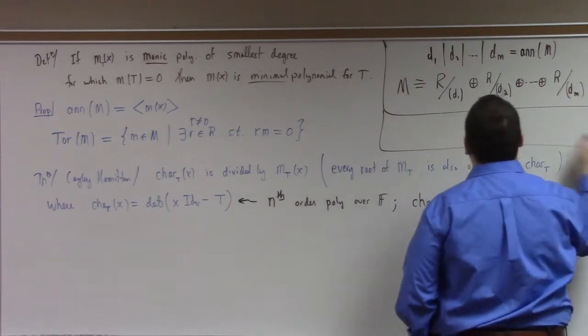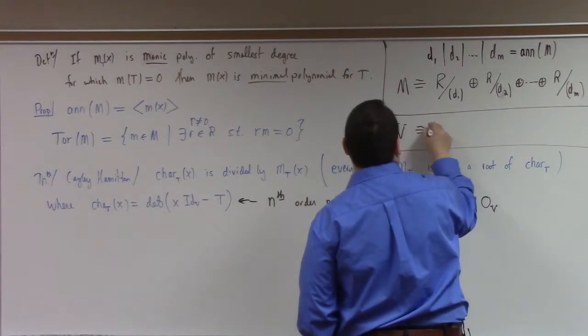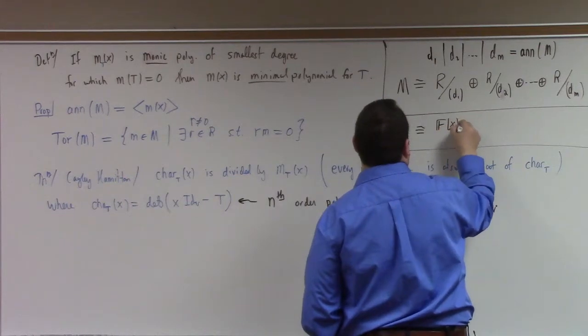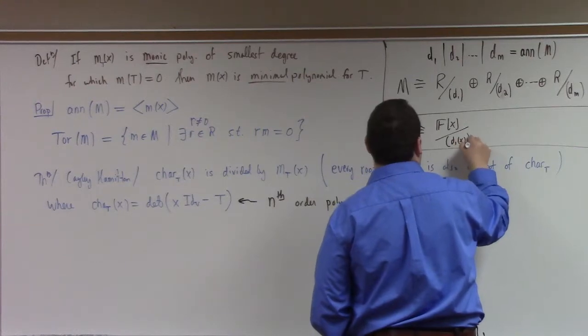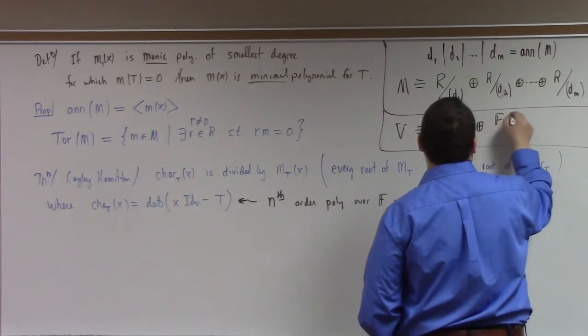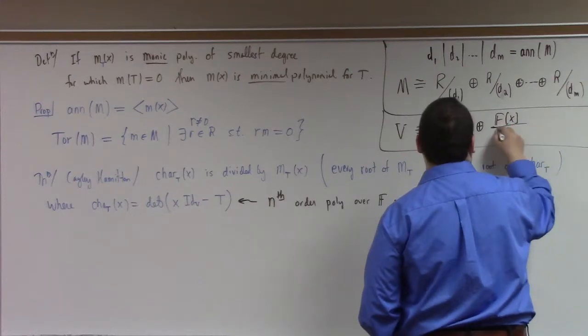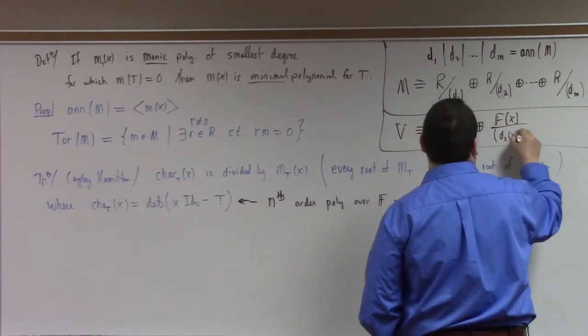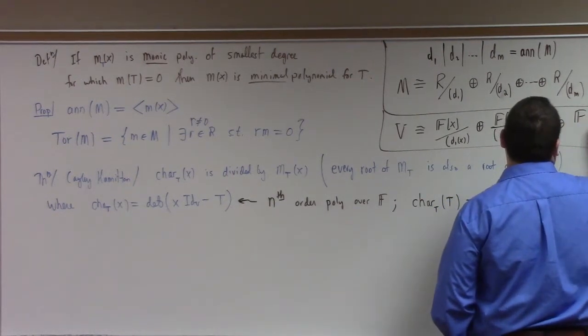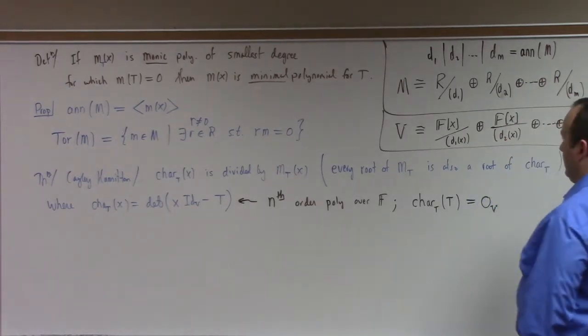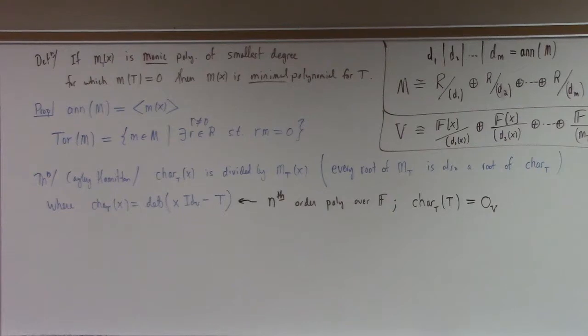Here, that looks like V is isomorphic to F[x] mod the ideal generated by, let's say, D1 of x. I'm just going to put it of x to remind us that we're quotienting by m sub t of x. That's the invariant factor decomposition of the vector space based on what?